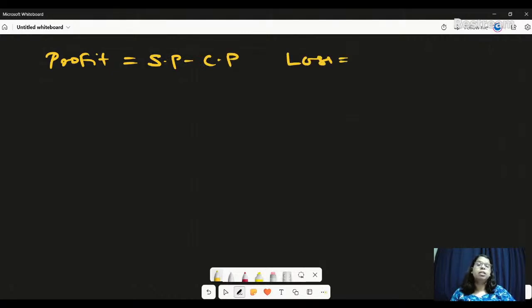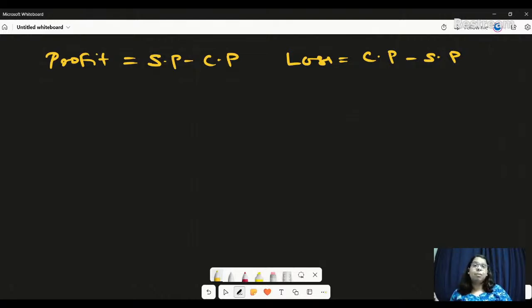Your profit is when the selling price is more than the cost price, so SP minus CP. Your loss is when the selling price is less than the cost price, so CP minus SP.